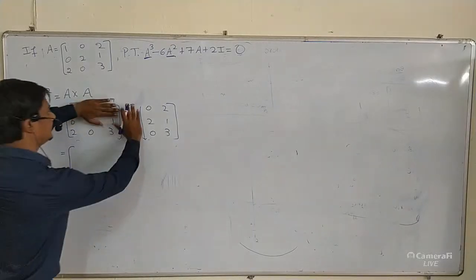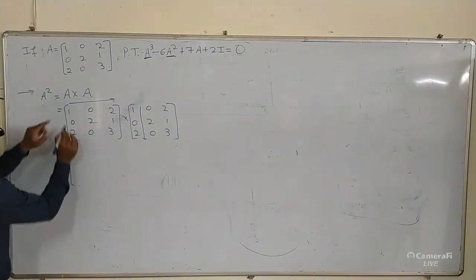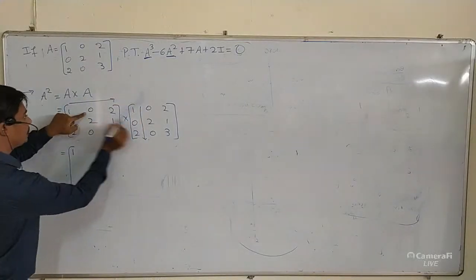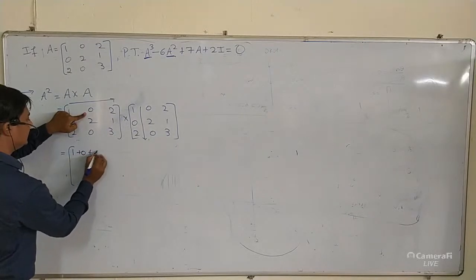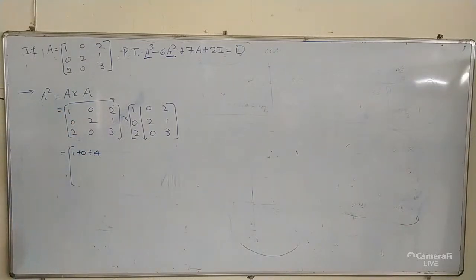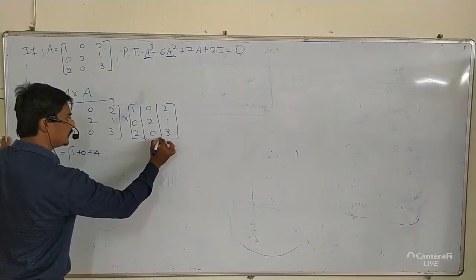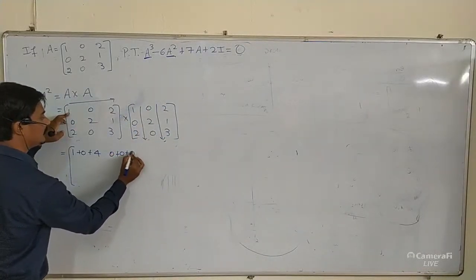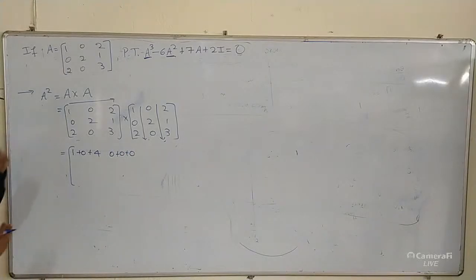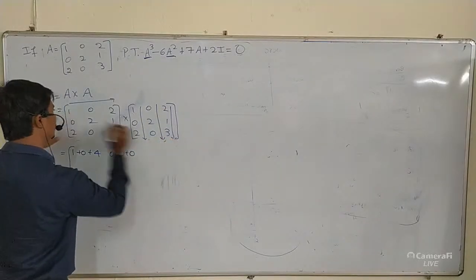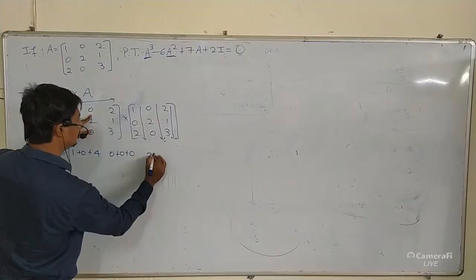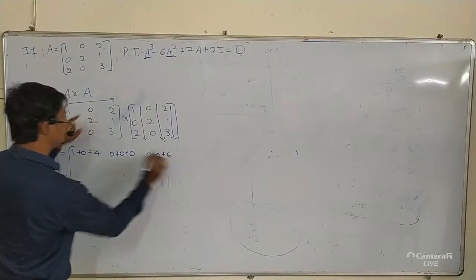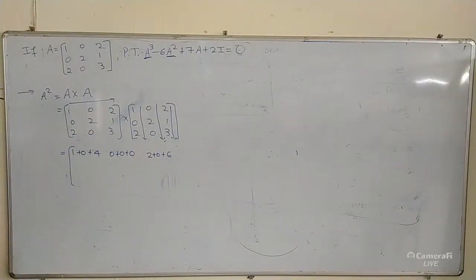First row, first column to write down A11: 1 into 1 is 1, 0 into 0 is 0, 2 2s are 4. Now first row, second column: 1 0s are 0, 0 2s are 0, 2 0s are 0. First row, third column: 1 2s are 2, 0 1s are 0, 2 3s are 6.